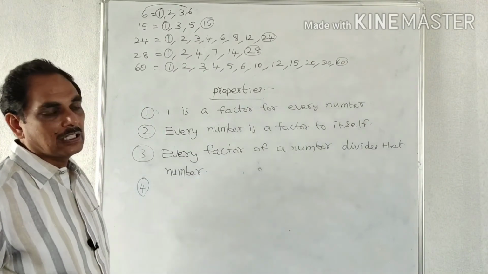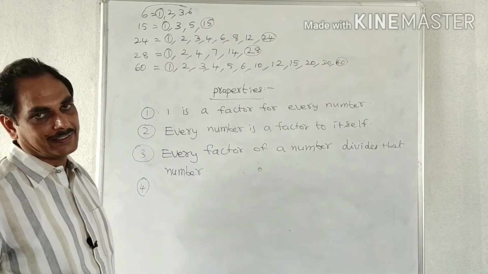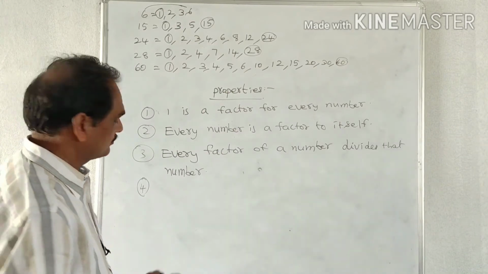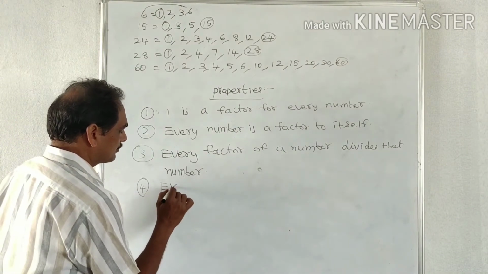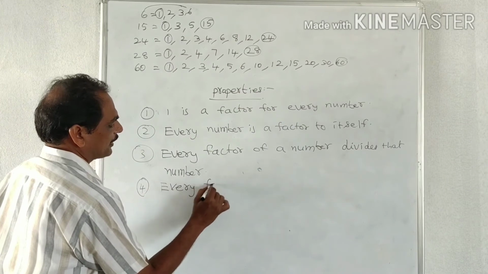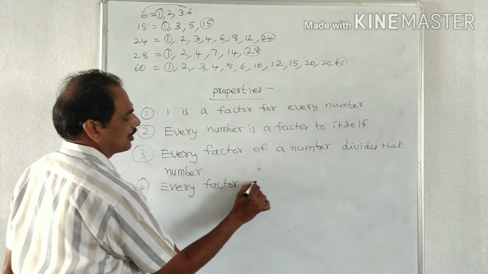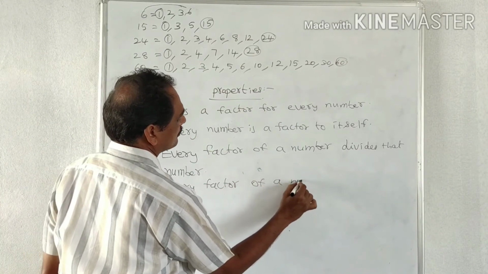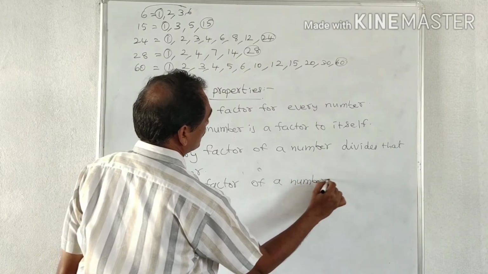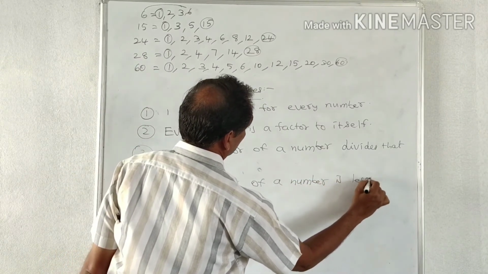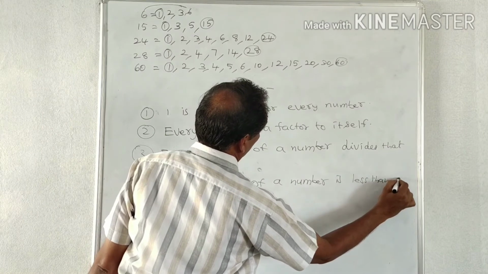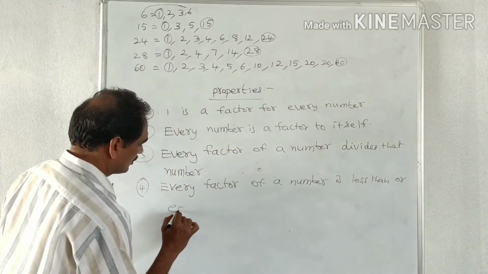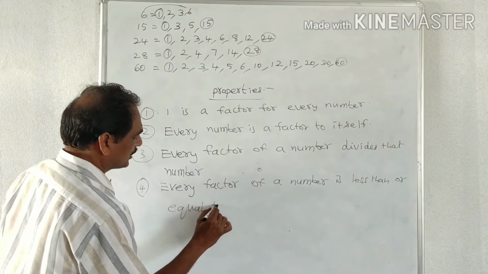Next, every factor of a number is less than or equal to the number.